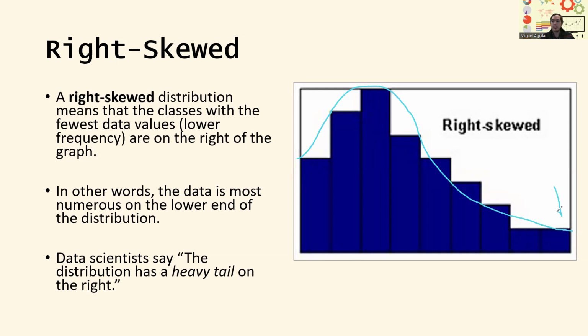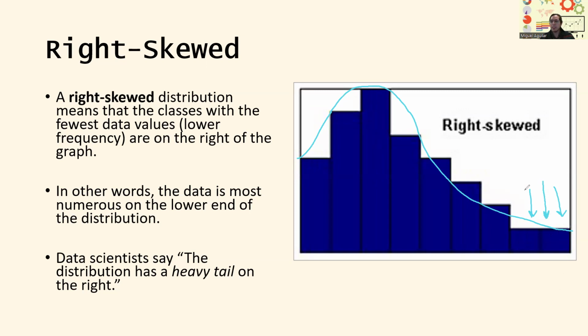And we have these very shallow or short vertical bars over here on the right side of our graph. Sometimes data scientists and statisticians will say that this distribution has a heavy right tail. And so if you think about a tail and lifting it up, then the right side or the right tail of this graph is so heavy that it's being weighed down.